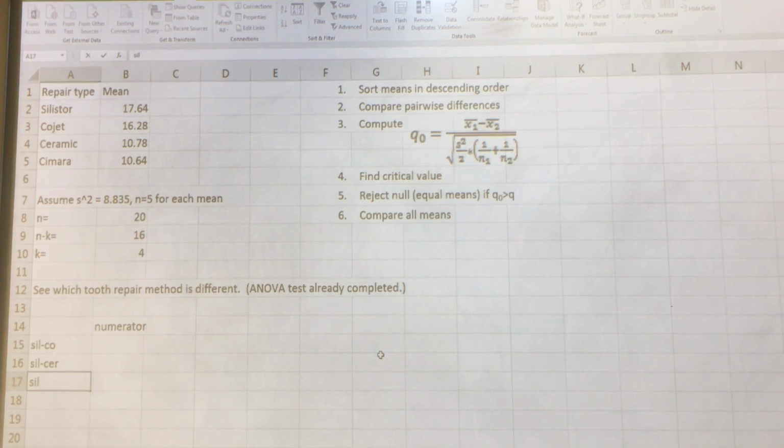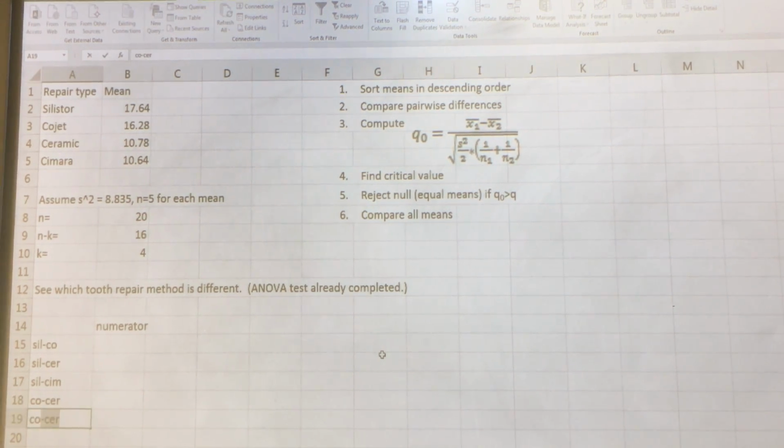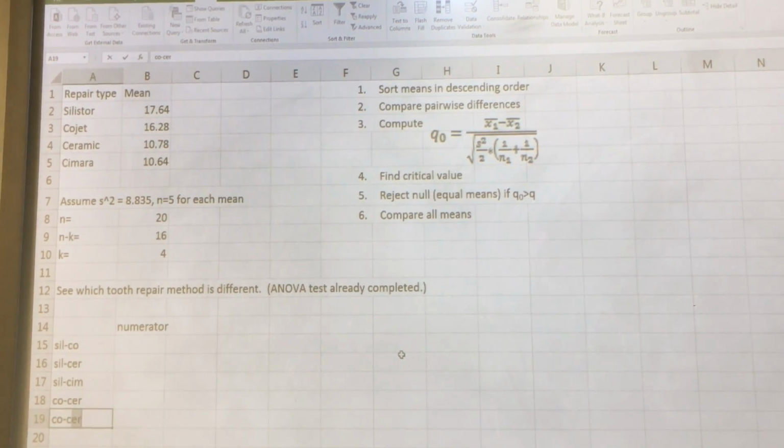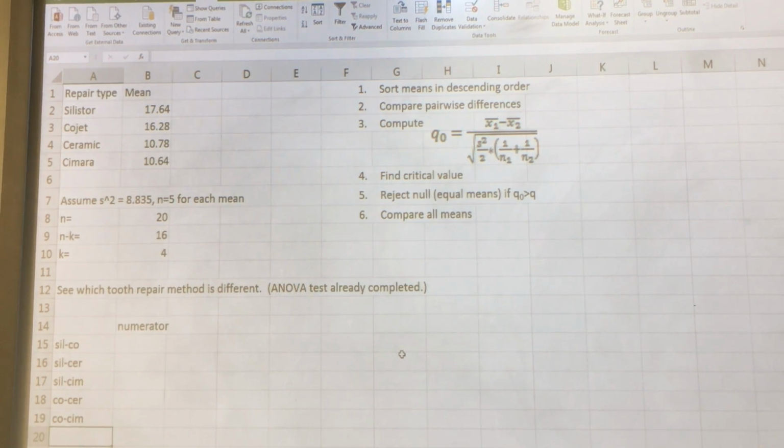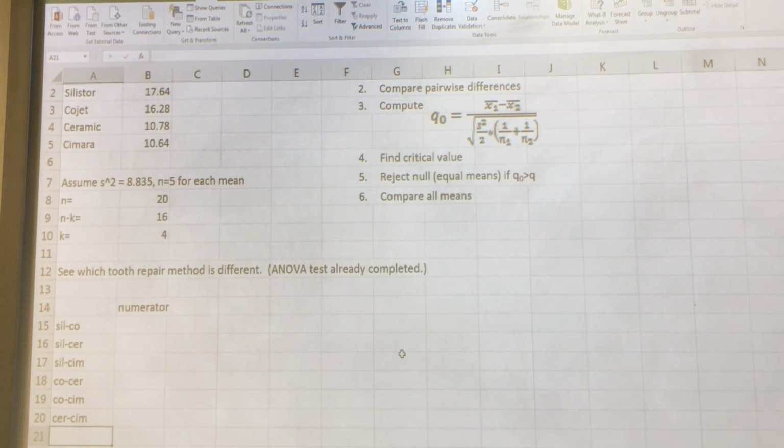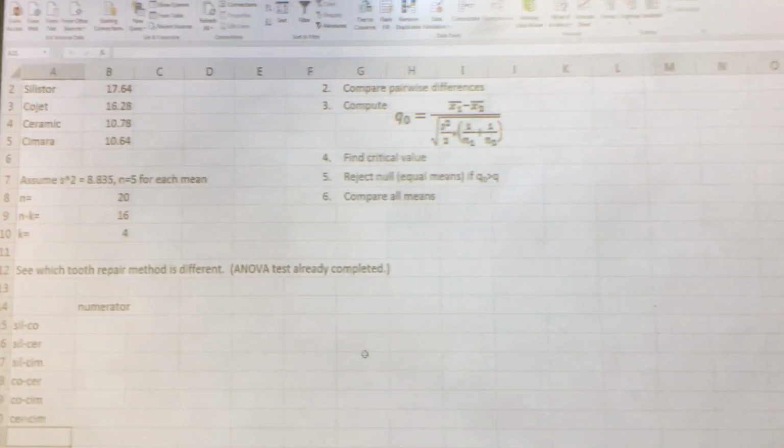And the Sillistor minus the Samara. And then the Cojet minus the ceramic. The Cojet minus the Samara. And the ceramic minus the Samara. So I'm going to do this 6 times. I'm going to run this equation 6 times.